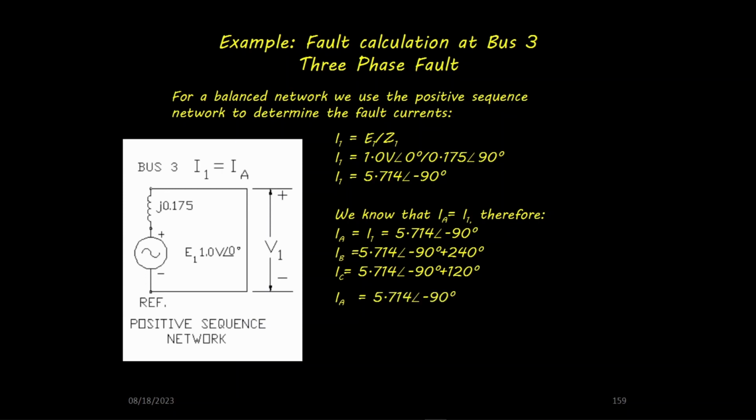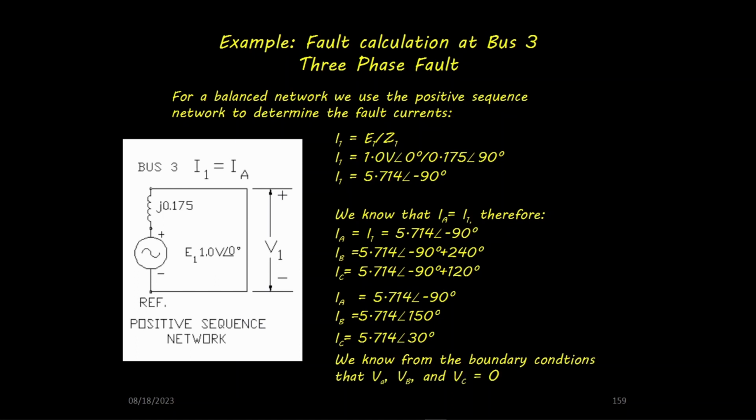IA equals 5.714 at minus 90 degrees. IB equals 5.714 at 150 degrees. IC equals 5.714 at 30 degrees. We know from the boundary conditions that VA, VB, and VC equal 0.